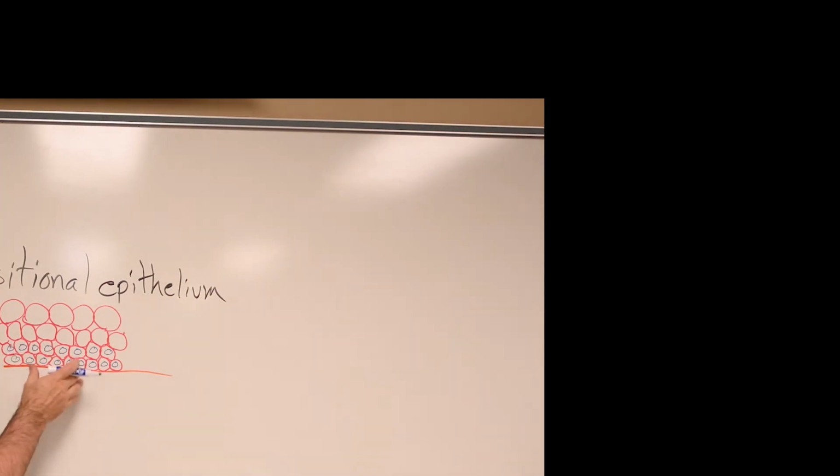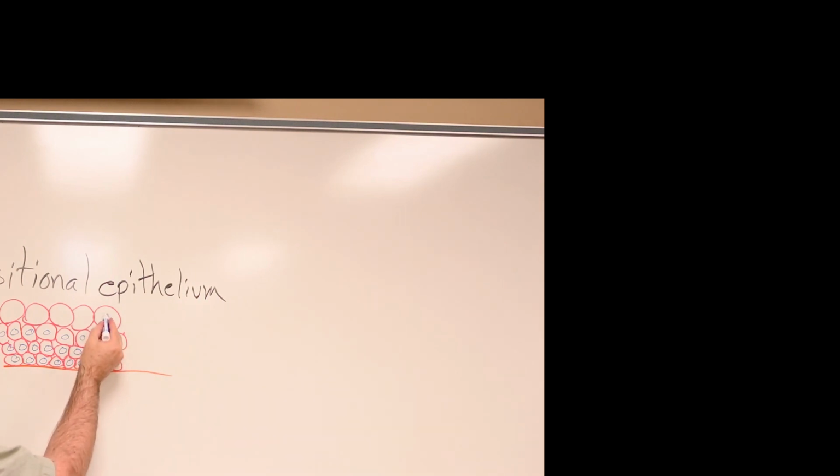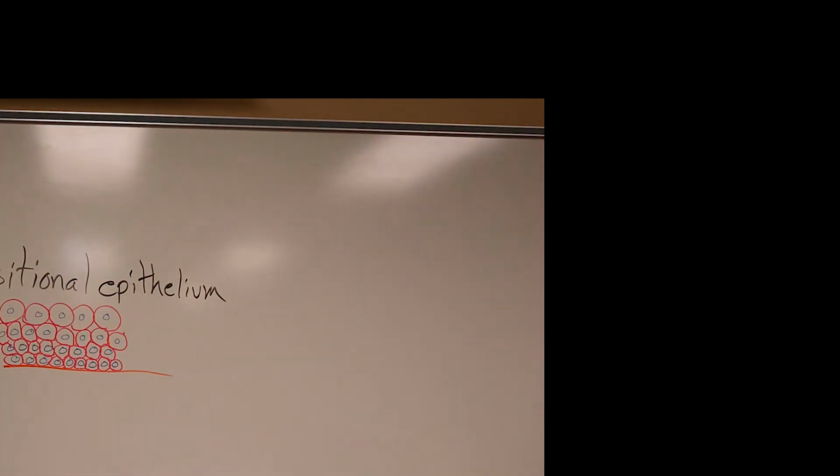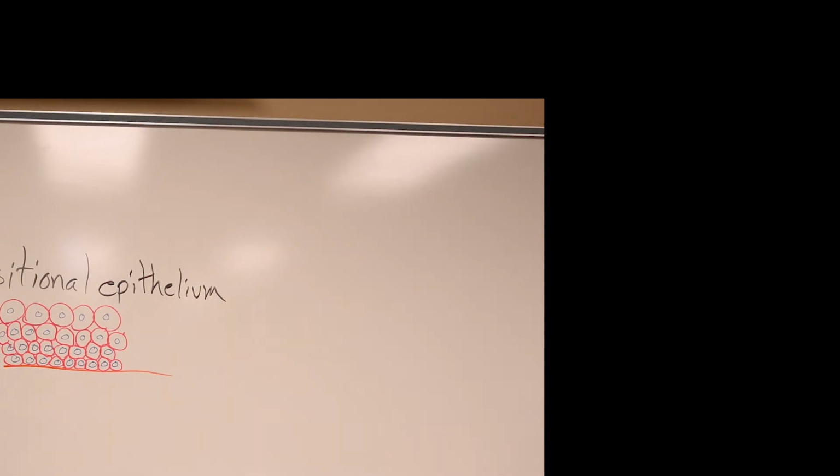But because the cells are smaller down here in the lower layer, it looks like the nuclei are a little more crowded. And then when you get up here in the higher levels, the nuclei seem to be more spaced out. Not as tightly packed in the upper layers as they are in the lower layers of the epithelium. That's one of the easy identifying features for transitional epithelium. Also the very rounded cell shapes at the surface.